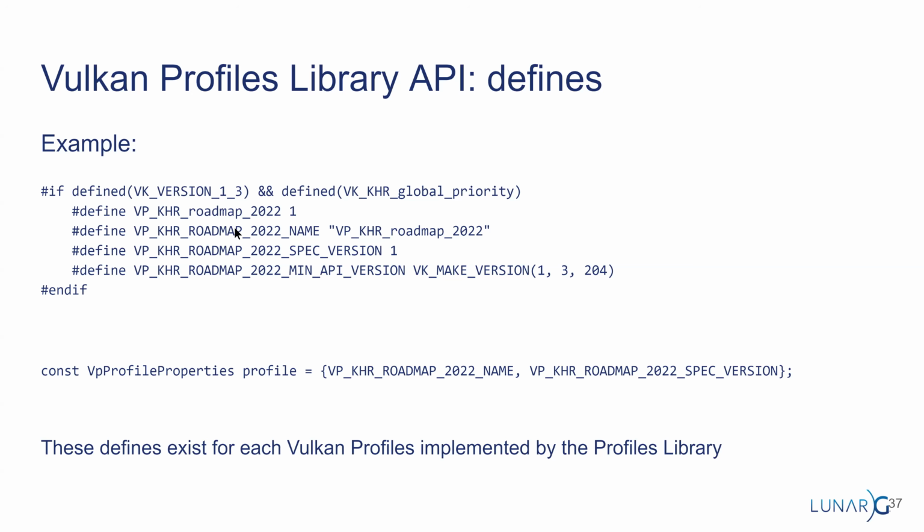So we could have an #ifdef error if we use a new version of the library that doesn't include this profile. It specifies the version of the profile, and it specifies the minimum API version to use this profile.